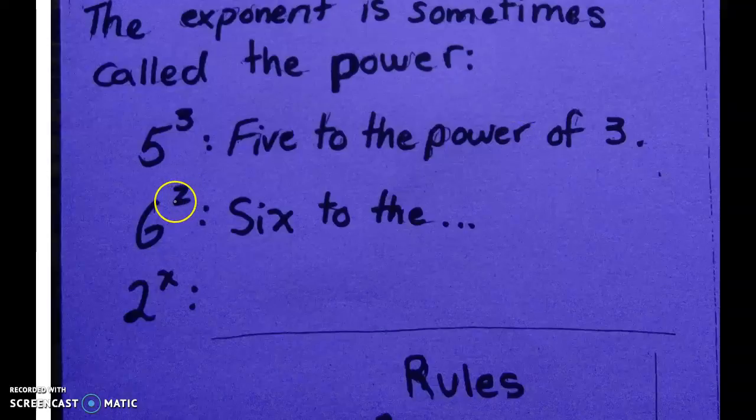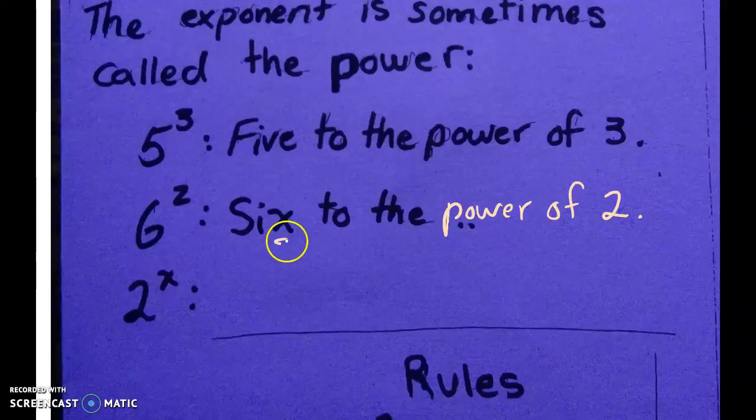6 raised to the 2, 6 to the power of 2. This could also be written as 6 squared, right? So we have a different language when we have the 2 here. Same with this. This could also be written as 5 cubed.